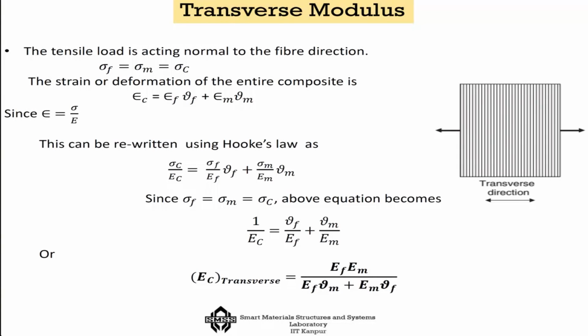So what I get is 1 over EC equals VF over EF plus VM over EM. In other words, EC here is EF EM over EF VM plus EM VF, or you can also write it using this particular relationship. So that is the composite modulus in the transverse direction.